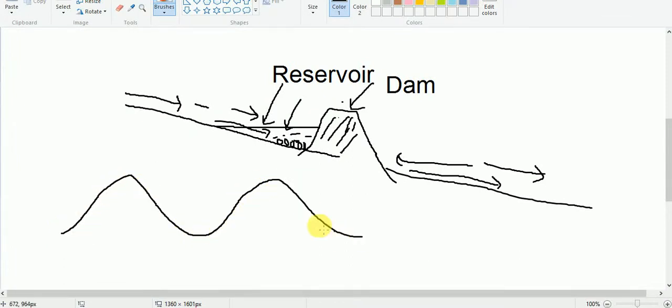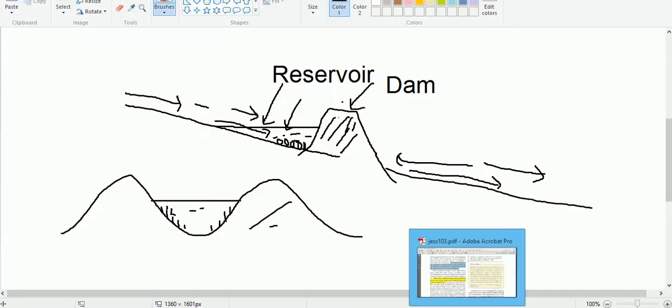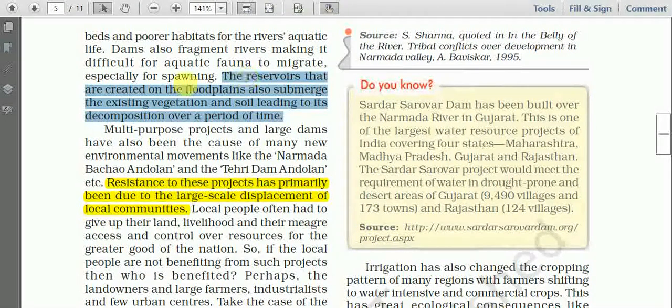These are the two mountains, and because of the dam this section will be flooded, but here once trees were there, villages also may be there, and those villages will be evacuated, and these trees will be submerged by the dam water. That is the point mentioned here.